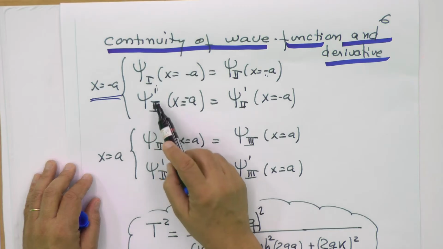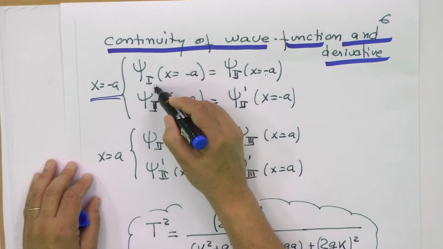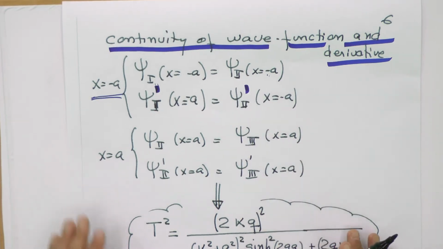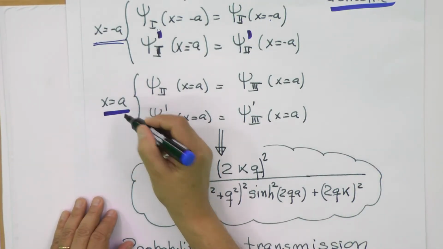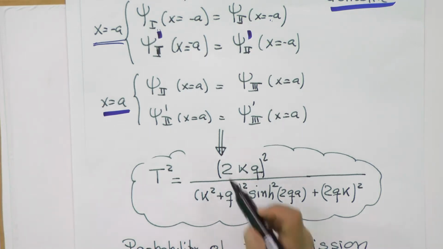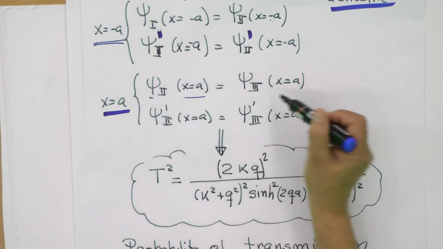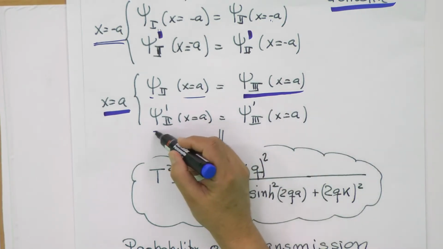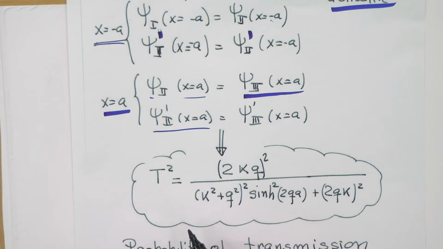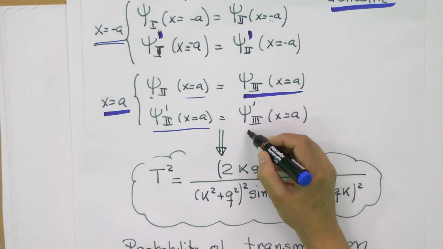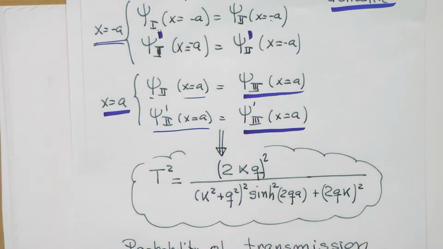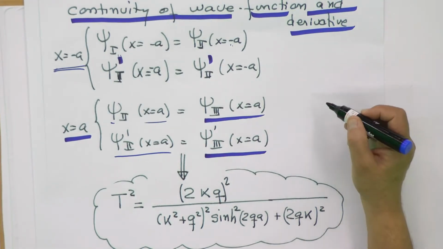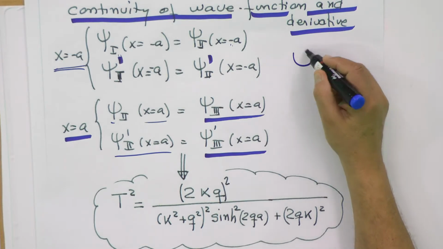And the derivative, which here I represent by this prime, must be equal as well in that region. The same for x equal to a. At x equal to a, the solution of the second region must match the solution of the third region, and the derivative of the solution of the second region must match the derivative of the solution of the third region.